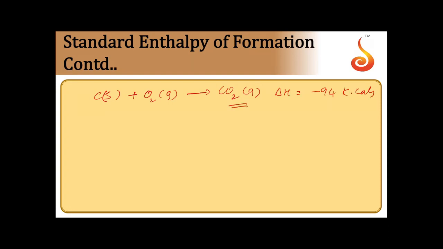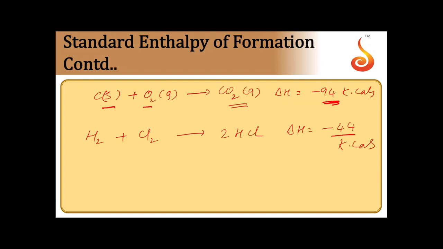Here 1 mole of compound is formed from its constituent elements, so this value can be called the enthalpy of formation of carbon dioxide. Suppose we have another reaction: H2 plus Cl2 giving rise to 2 HCl, with delta H given as minus 44 kilocalories.